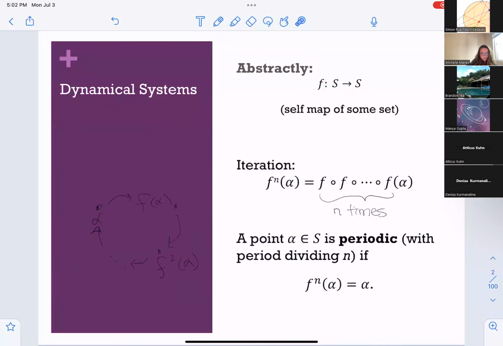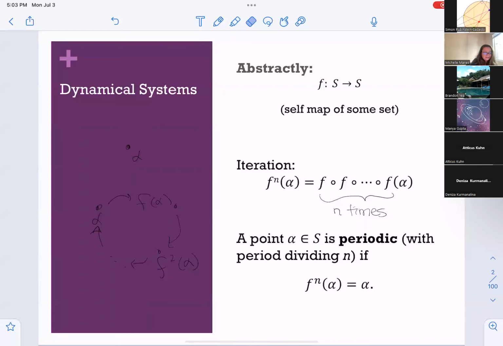One quick thing to note is that I said it's periodic with period dividing n if the nth iterate brings me back to where I started. Think about, for example, if alpha is just a fixed point. I take alpha and I do the function f, and f of alpha and alpha are exactly the same. Then if I do f again, f squared of alpha also gets me back, and f cubed also gets me back. Any number of times gets me back.